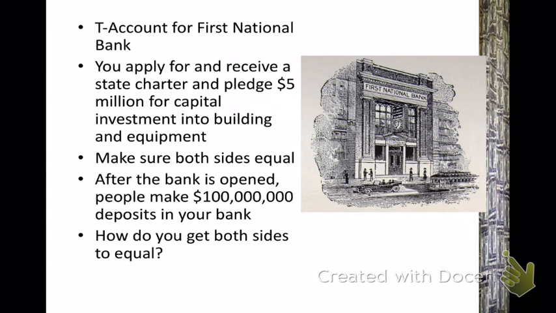So after the bank is open, people make $100 million in demand deposits. Look at you, you're rolling in it. Now those demand deposits go on the liability side, because people are going to want their money back. I don't put money in my bank and just leave it there, right?